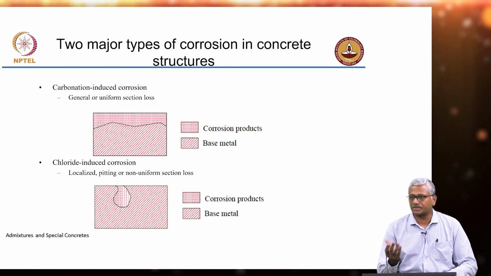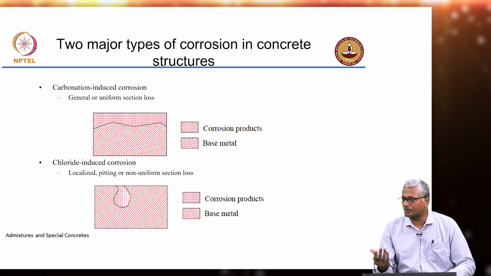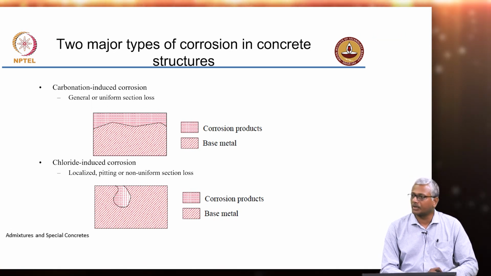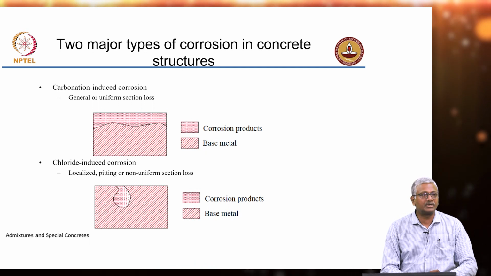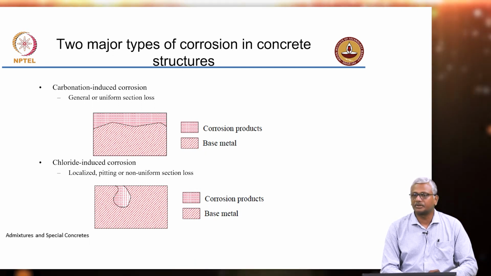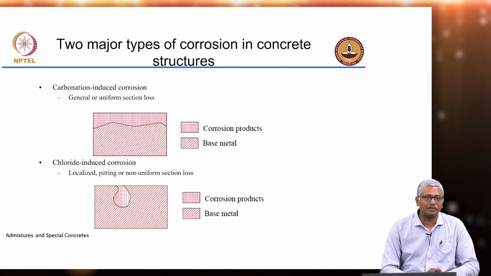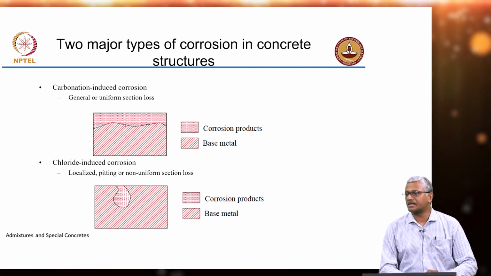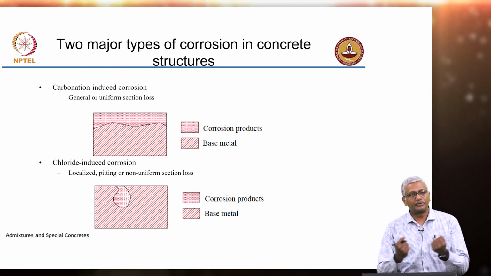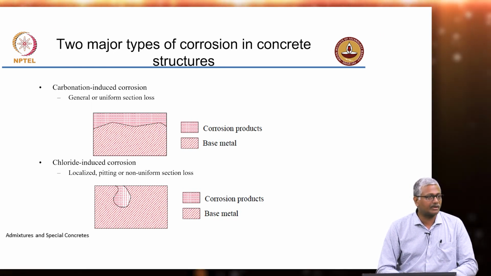A coastal structure obviously has much greater chances for chloride related damage. And the issue with chloride is that it leads to a rapid pitting on the surface of the steel. So, the loss is more non-uniform, and that is quite dangerous, because there are some sections of the steel where the cross section becomes so small that your load carrying ability of the steel bar is not there anymore.